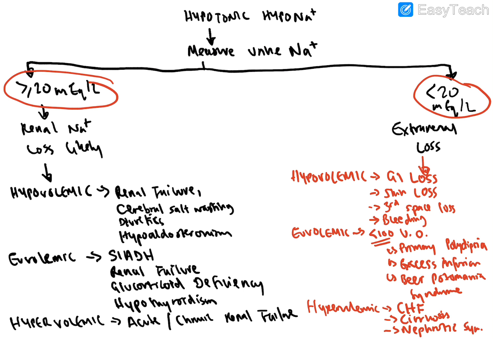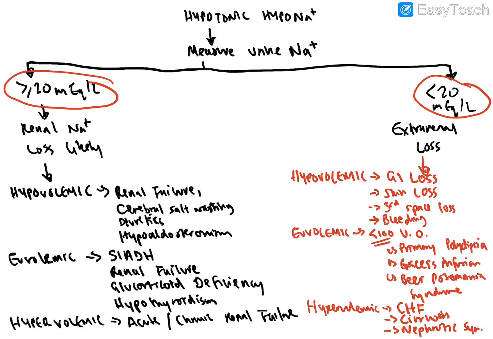And if the patient is hypervolemic, hypotonic hyponatremic with increased urine sodium, you would think of acute or chronic renal failure. In cases where urine sodium is less than 20, you would think of extrarenal loss of sodium.